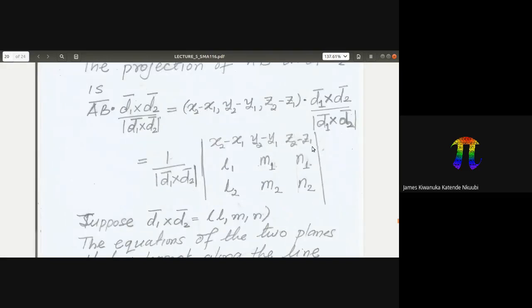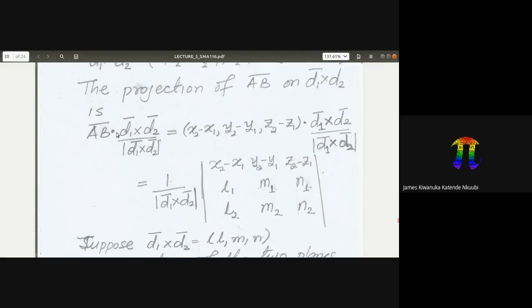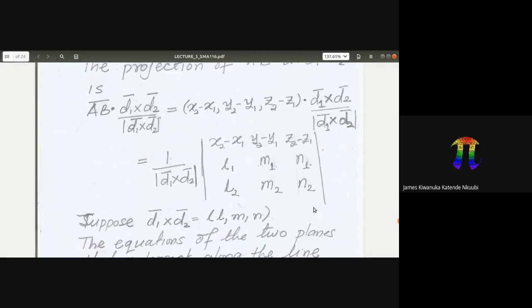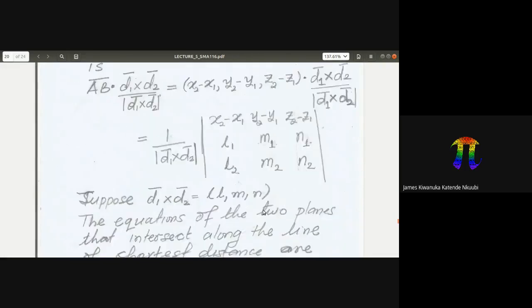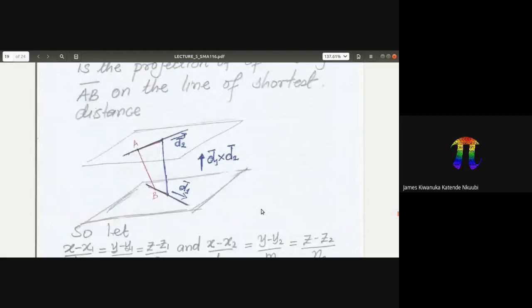Here already we have found the shortest distance. This projection is the distance that you're looking for. The next part simply finds the planes. If you go back to this diagram, there are two planes that will intersect along this line.